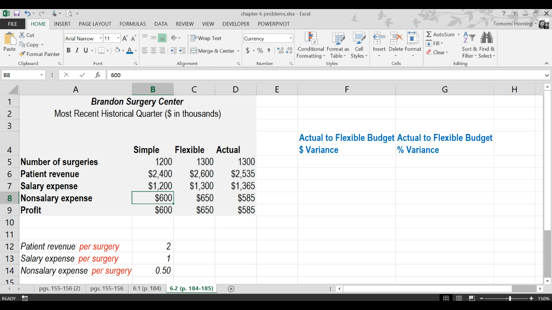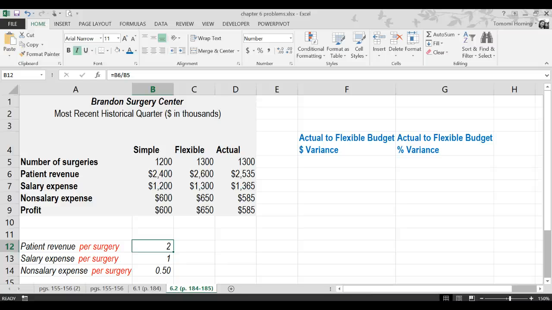So you can quickly see the relationship here based on volume, and that's why I have these 3 items carved out down here, that when we have a volume number, you essentially double that in order to get patient revenue, or you can interpret this to mean that per surgery we generate $2,000 worth of patient revenue.